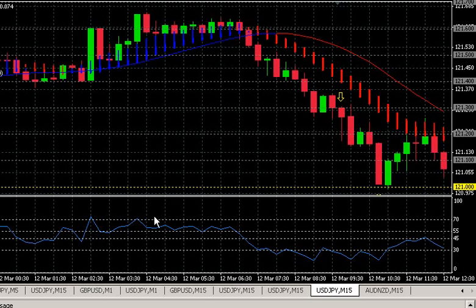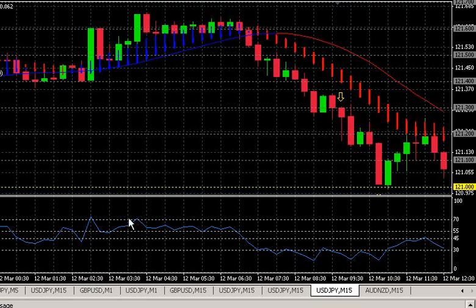Now, if you guys are not familiar with the RSI, the default setting for the Relative Strength Index, when you add this indicator on your MT4 platform, is going to be 14 on the period. Some people trade a period of 7 rather than the default of 14, which some people call a fast RSI.